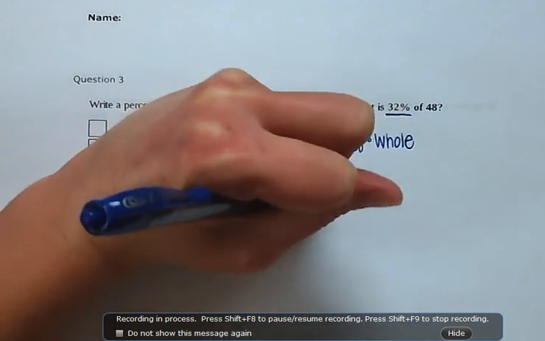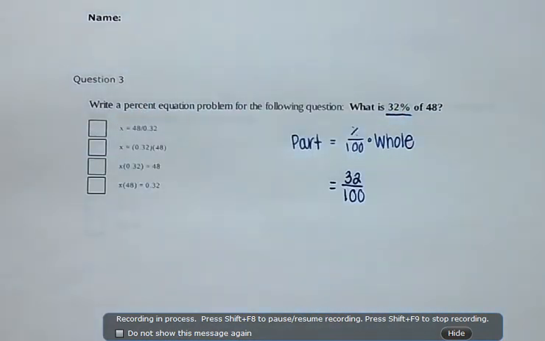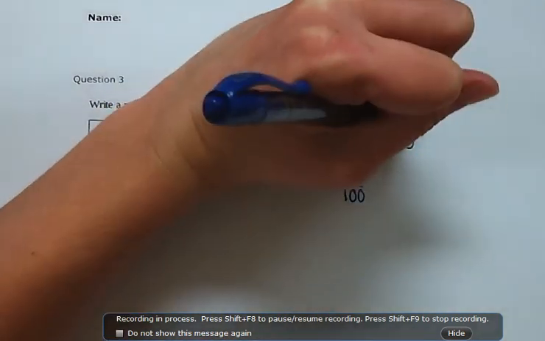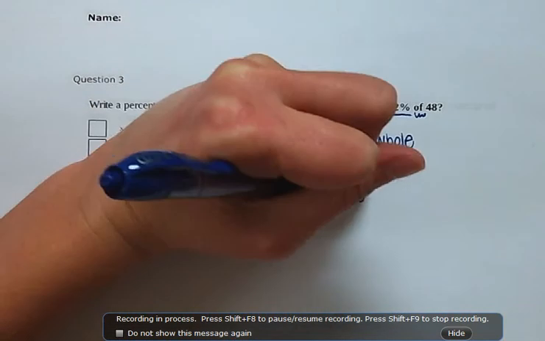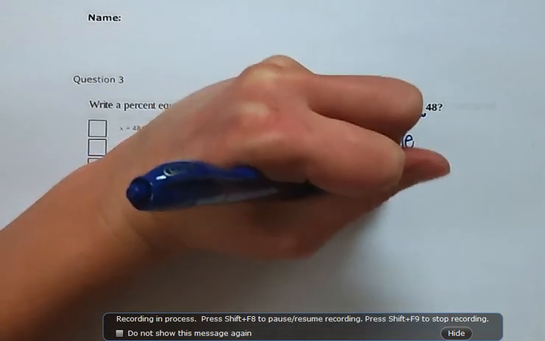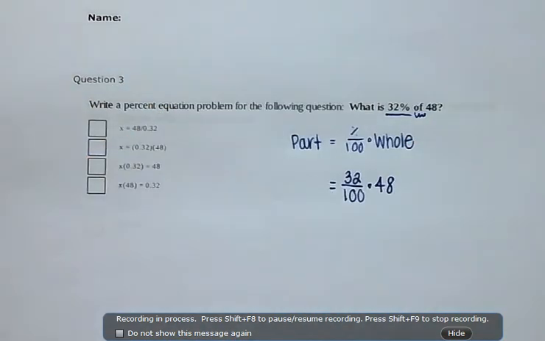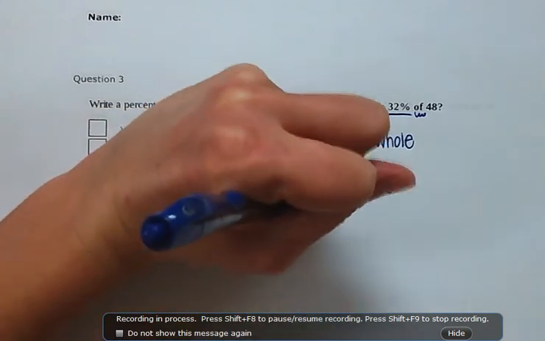Now what I need to do is identify whether 48 is the part or the whole. One key word that tells us that it's the whole is the keyword of. Whatever it says percent of, that is going to be our whole amount. So 48 is going to be the whole, so I replace whole with 48, which means that what I'm trying to find is going to be the part, and we use the variable y for the part.